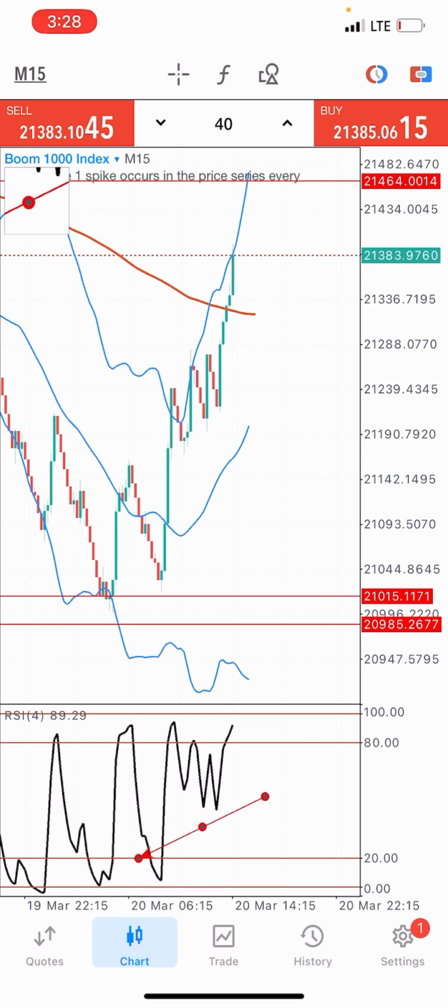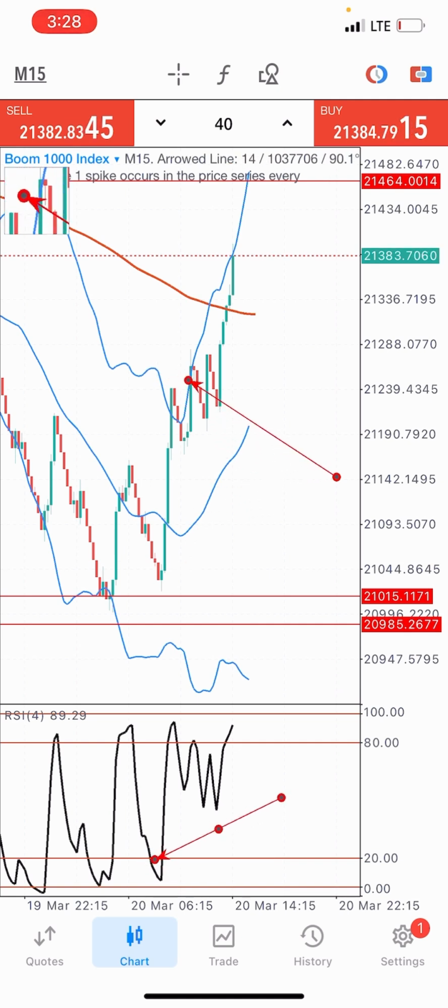So we have all these confirmations, and even if you bought around this level, and it goes up and back to this point, you can still buy again because you have the second confirmation here. And remember, you're taking profits around this upper Bollinger Band. Okay, you're taking your profits there.